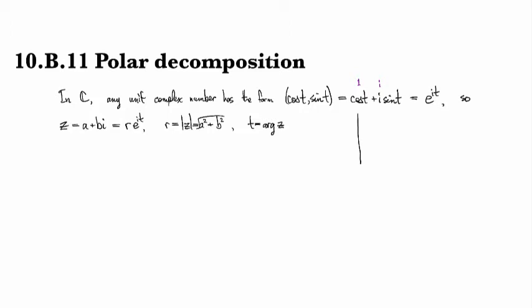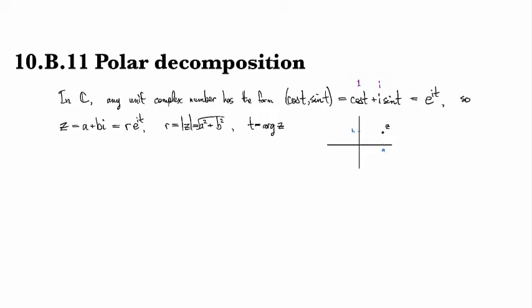So let me just draw a little picture of a complex number. Okay, so if this is our complex number z, here's a, here's b, so this is a plus bi.